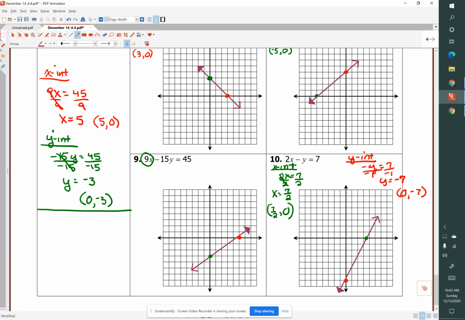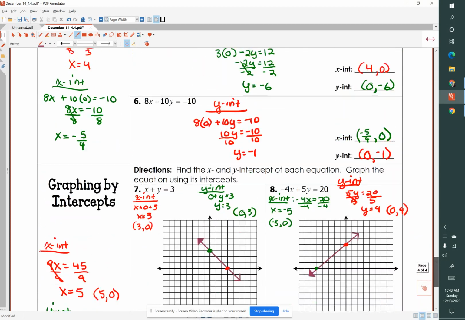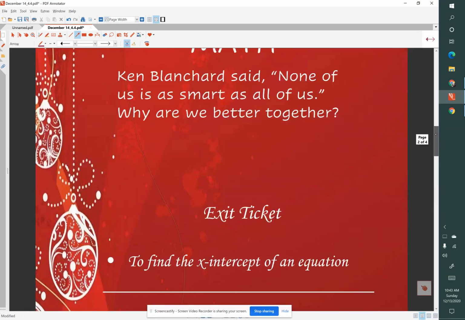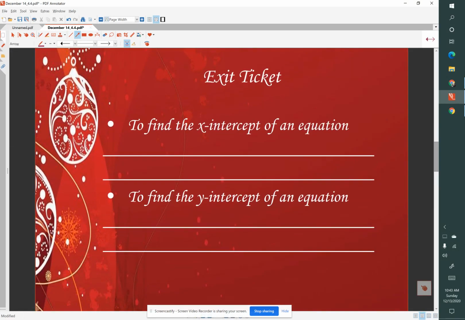Okay, so let's go back to our exit ticket and complete that. Our work is just about done for today. I hope you like graphing. So our exit ticket, and we need a color that's going to show up on here. Never write with the white. Let's try that.